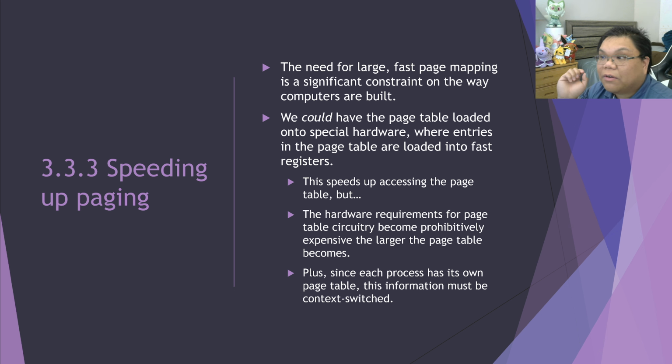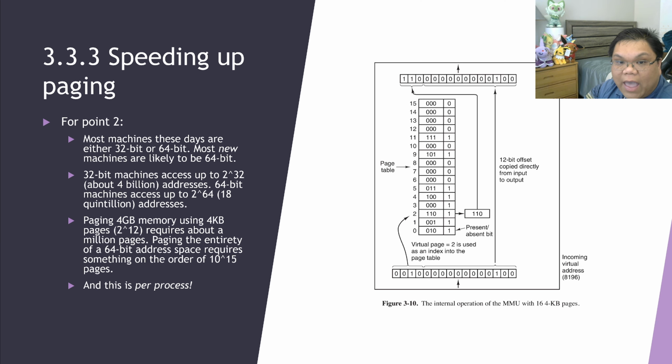Okay, so we need fast page mapping. The need for large fast page mapping is a significant constraint on the way we build our computers. We could have the page table loaded into special hardware that makes accessing these entries as fast as possible.